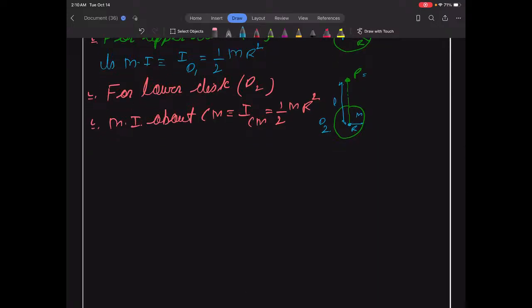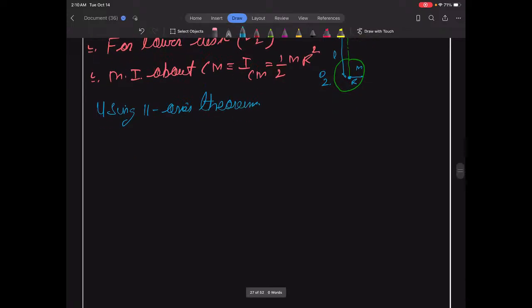Okay. So we can say, using parallel axis theorem, we can write that moment of inertia about pivot point P, let us call this as ID2, will be equal to moment of inertia about its center of mass plus mass and the distance square, which is our L square.